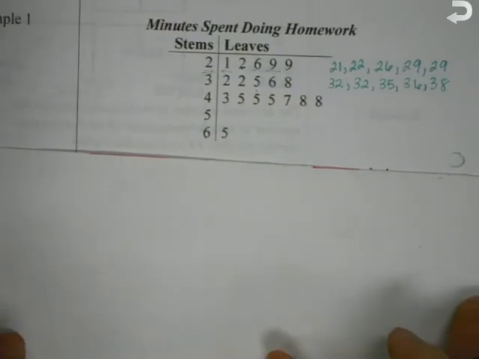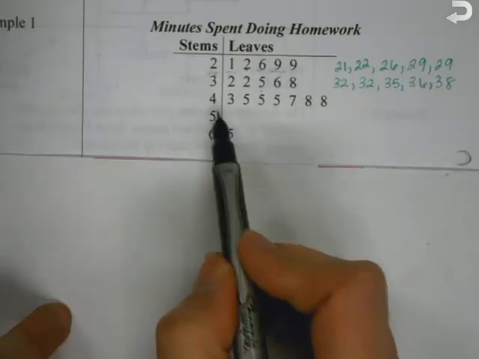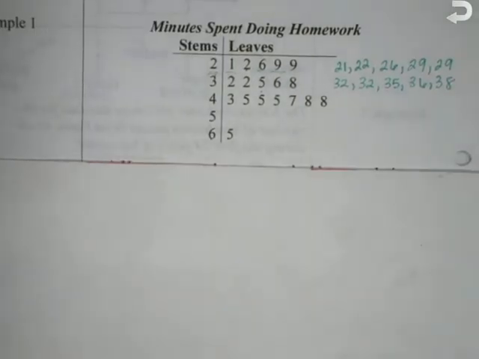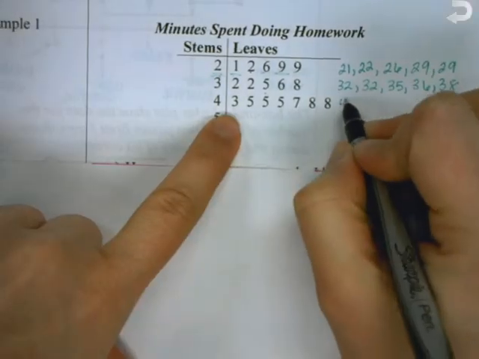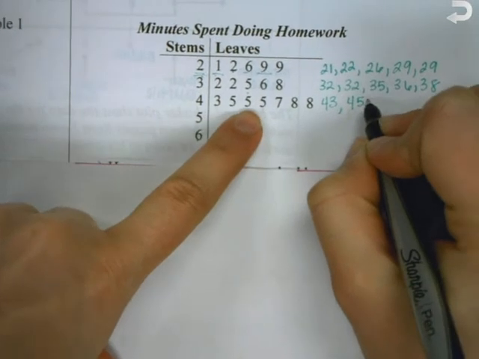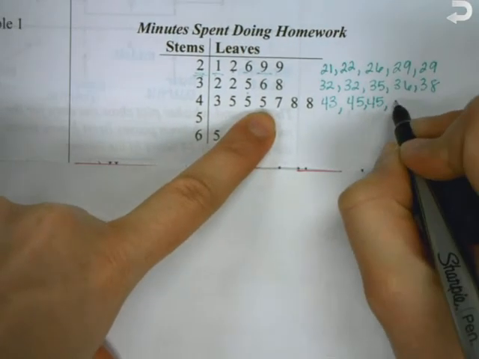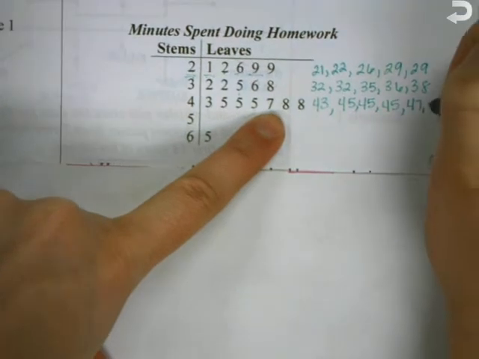Okay, so will you guys list all of the 4 stems for me? What's the first 4 value? 43. What's the next one? 45, 45, 45, 47, 48, and 48.